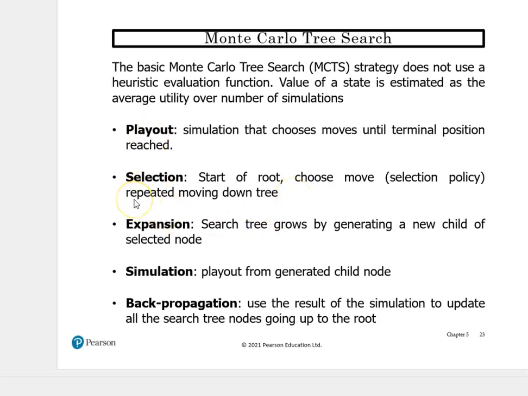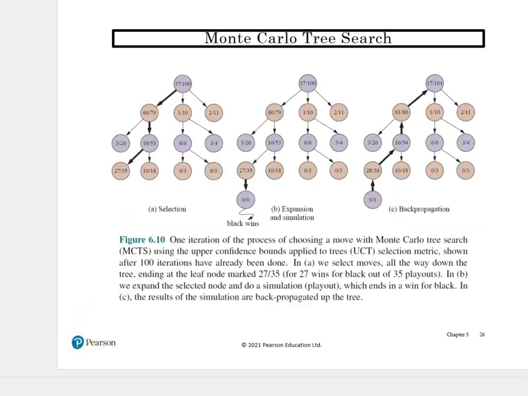Then we have expansion. We grow the tree by generating a new child of the selected node. Okay, so this is expansion right here. So you can see that since we ended up at this point, we're gonna grow a new child here.